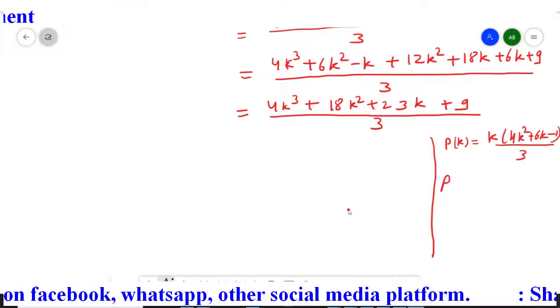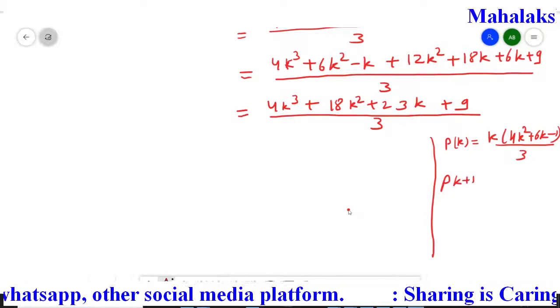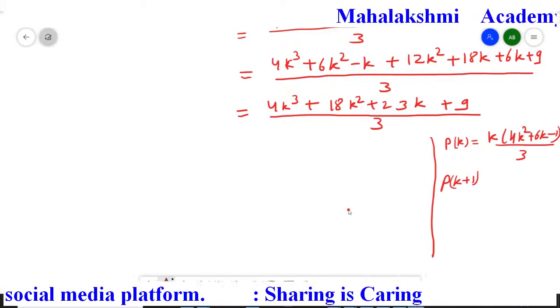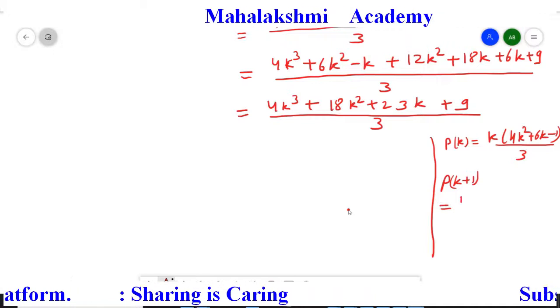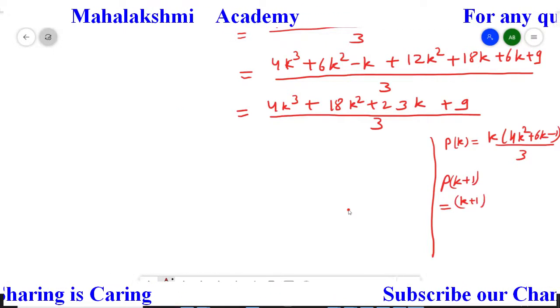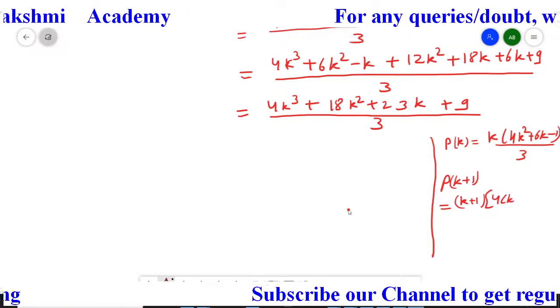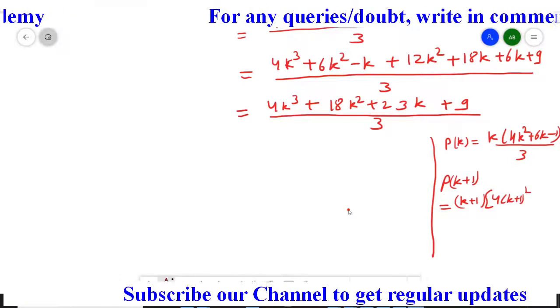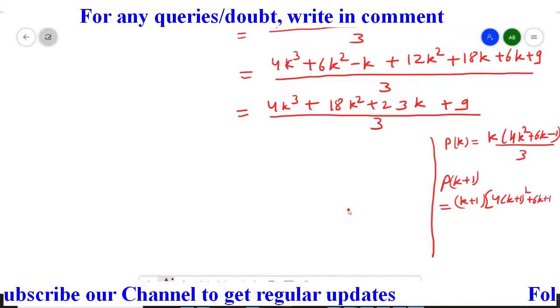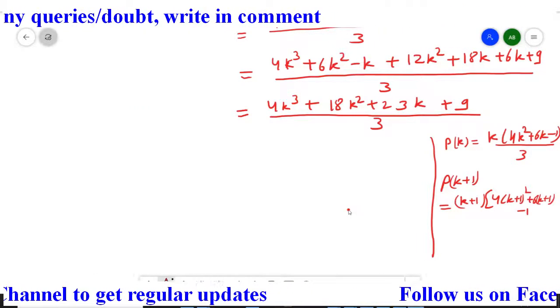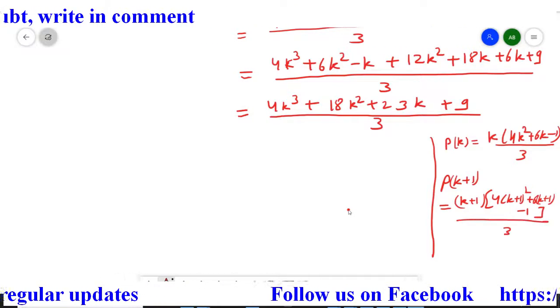So if we have P(k+1), then here the right hand side we need in the format of (k plus 1), then big bracket 4(k plus 1) square plus 6(k plus 1) minus 1, big bracket close, and the whole divided by 3.